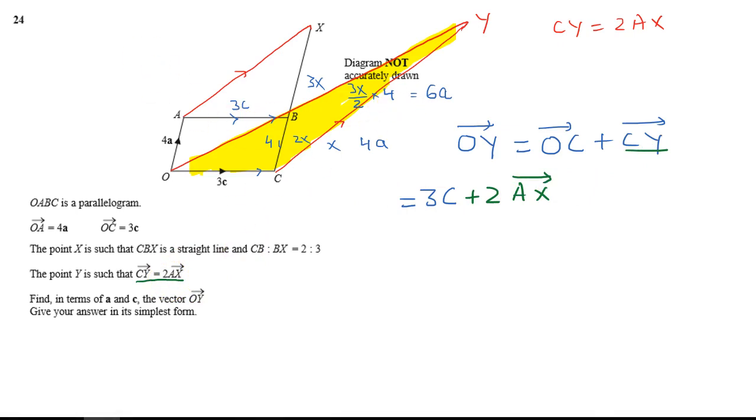Now we can write this as equal to 3c plus 2 times AX. AX can be written as AB plus BX.